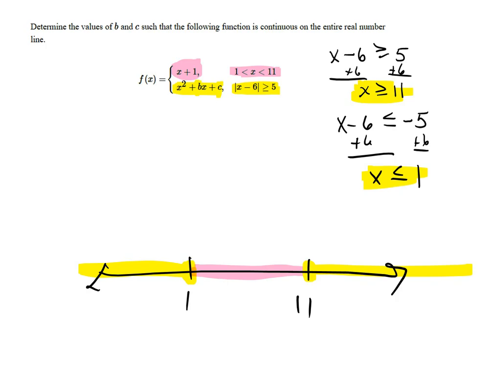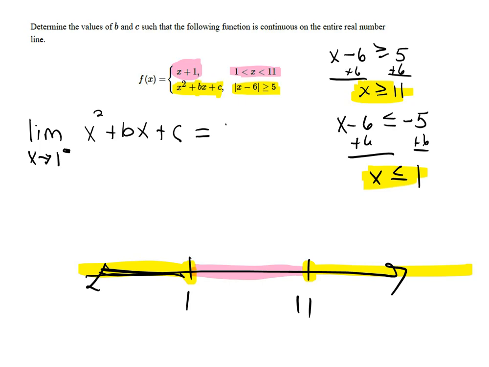I want to find the limit as x approaches 1 from the left, and that would be coming from this direction. So I would need to use the x squared plus bx plus c function for that. And since it's coming from the left, you're simply going to plug in the 1 and see what happens.